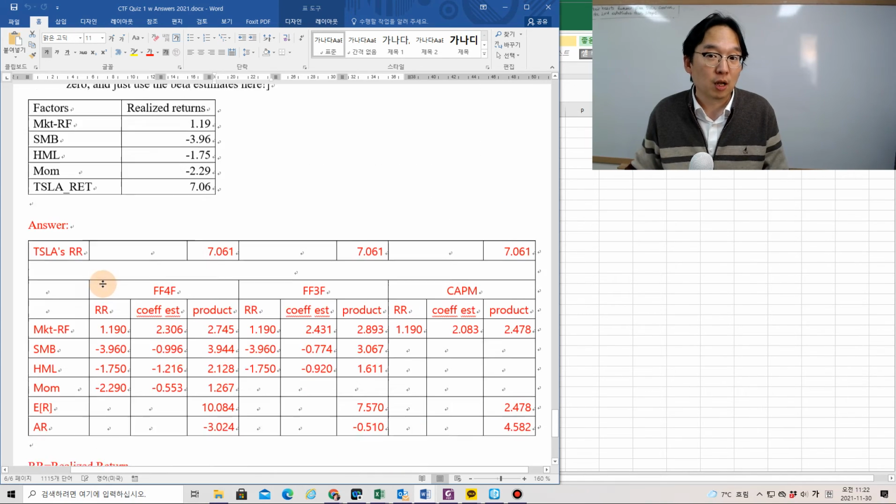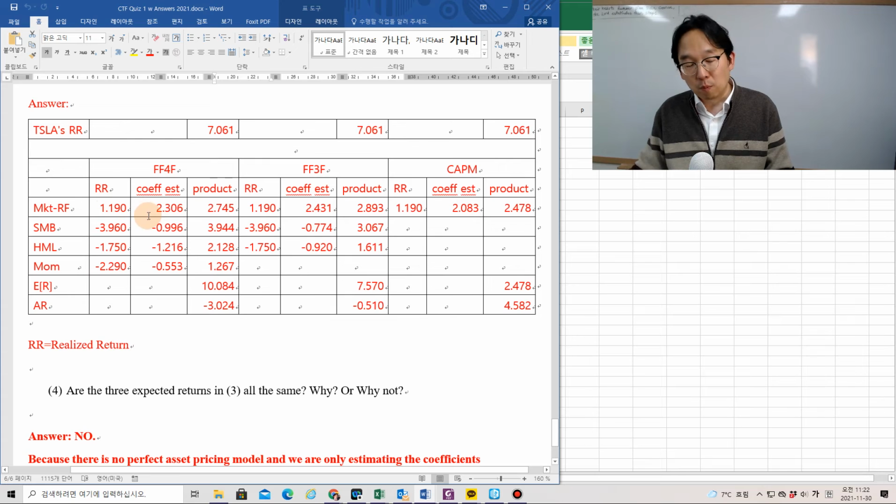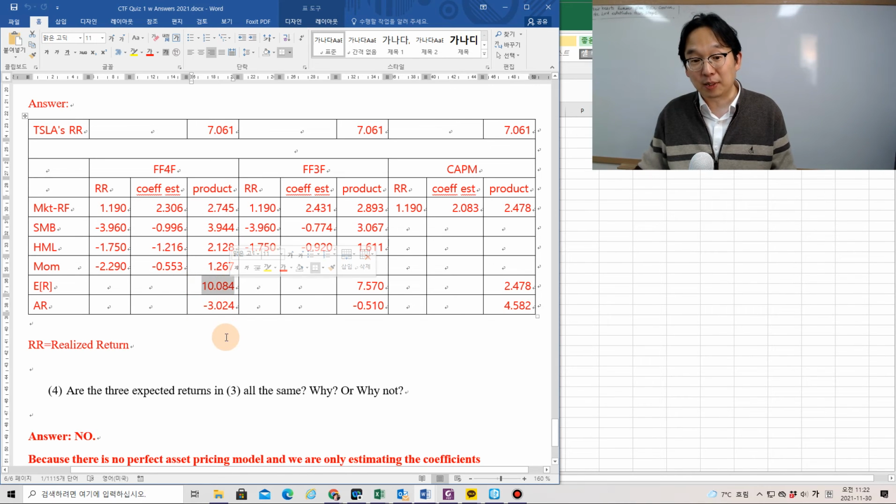And then multiply these by each respective coefficient, and then the product will be like this. This guy times this will be this. That guy times that will be this, right? And you just add all across. That will be this guy, expected return based on the Fama-French 4-factor model. And then now what you do, you compare this guy with the realized return of Tesla. That will be your abnormal return.